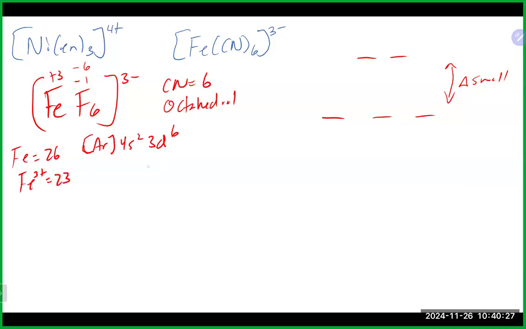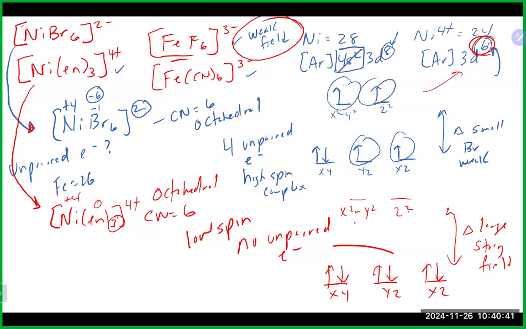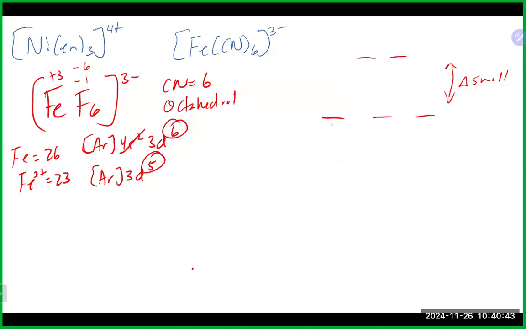It's got 23 electrons. So again, we're going to get rid of those 2 there. We'll take out one of those guys. That's going to leave us with argon 3d5. And it's those 5 electrons that need to be distributed here into our orbitals.